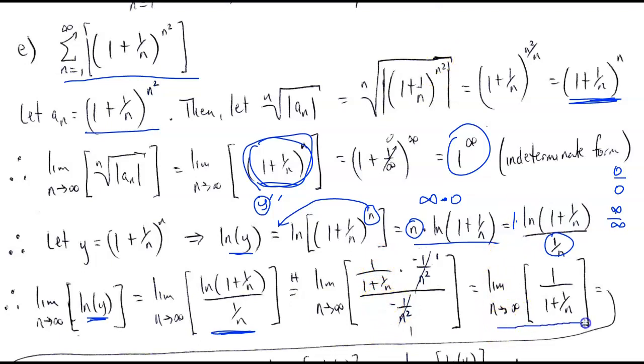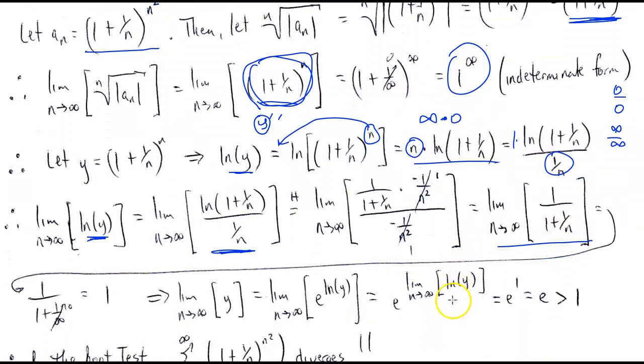From here, we simplify and we just get the limit of 1 over 1 plus 1 over n. And then, of course, from there, this ends up being 1 as a result. And so please do not get confused. This 1 goes with the limit of natural log of y, not of y.